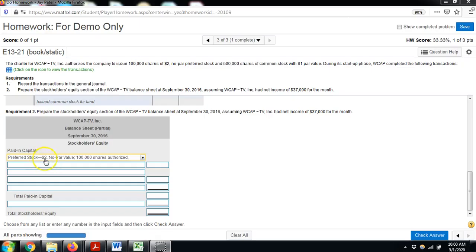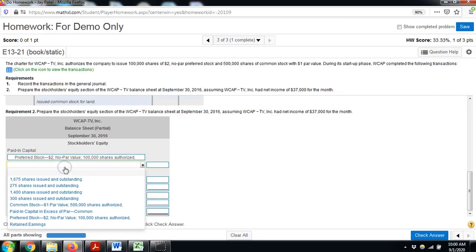I'm not exactly sure what this $2 is, but for now, it's a minor detail. How many shares do we have? Looks like 100,000 shares have been authorized. So I guess this $2 is not a par value. I don't know what exactly its function is, but it sounds like it's not important.